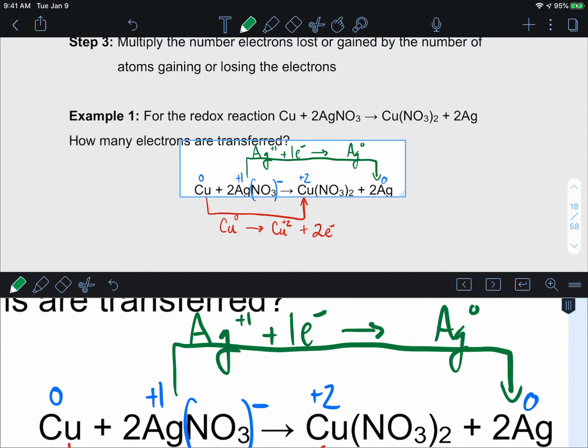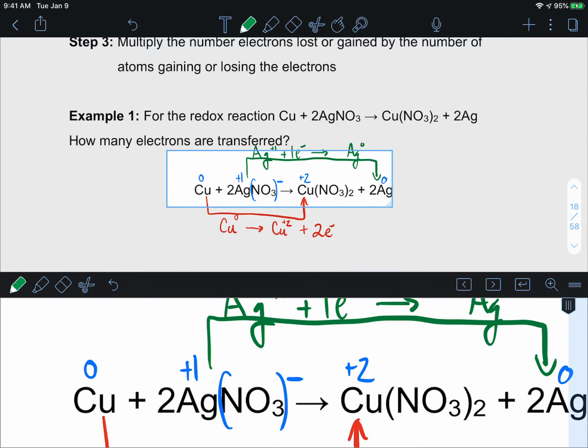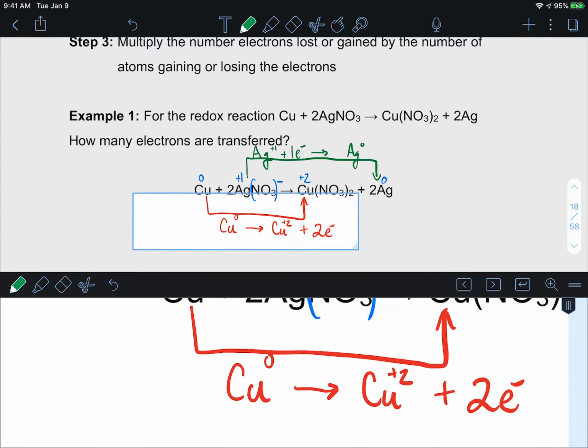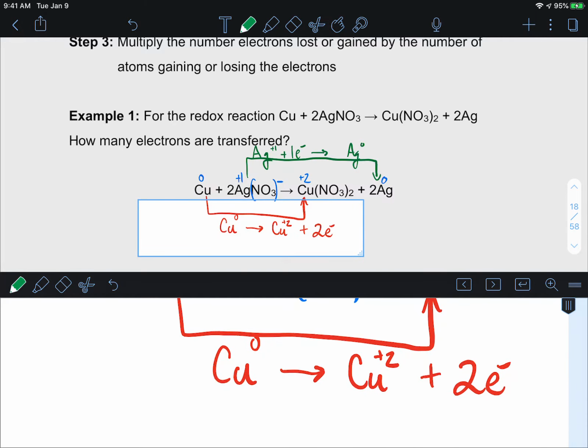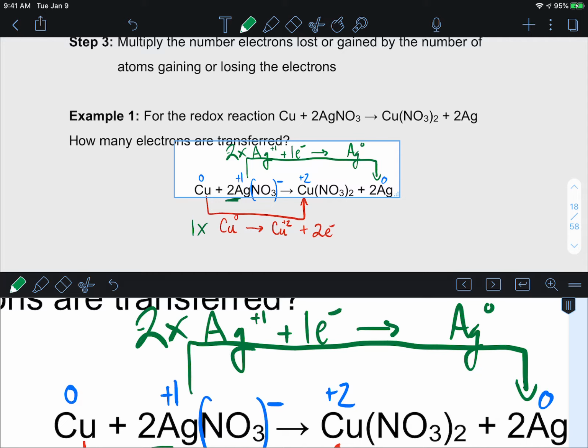Now the thing to look for is how many silvers and how many coppers you have. Notice that the copper happens only one time, but up here we have 2 silvers, which means that it's happening 2 times. So in total, the silver is absorbing 2 electrons: 2 different silver atoms are absorbing 2 different electrons, and copper is producing 2 electrons.